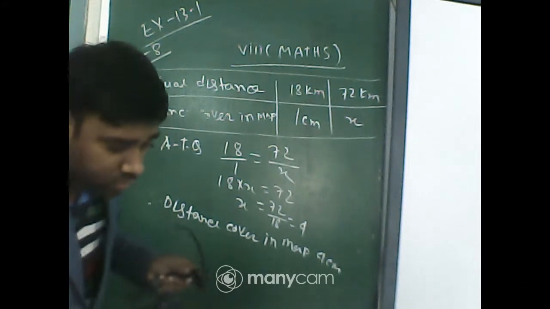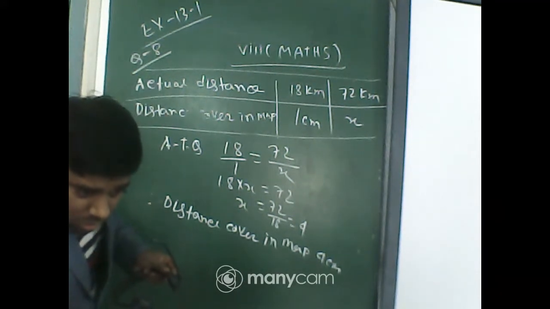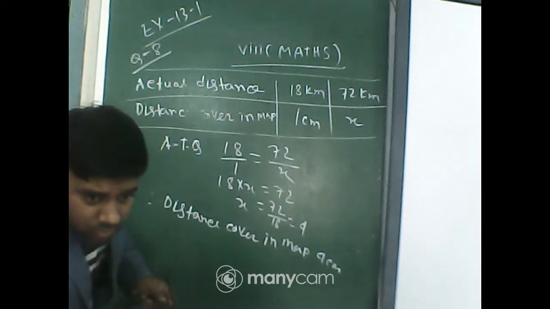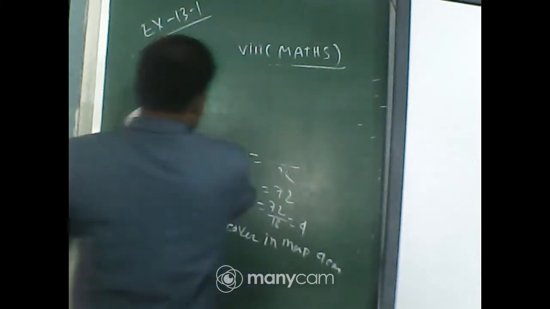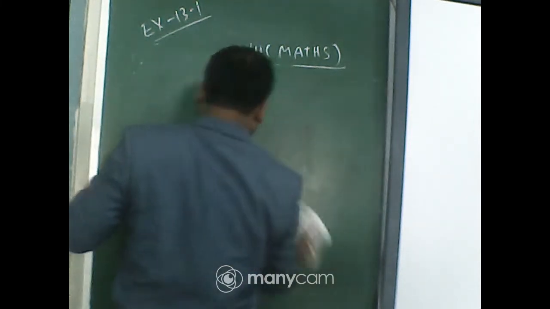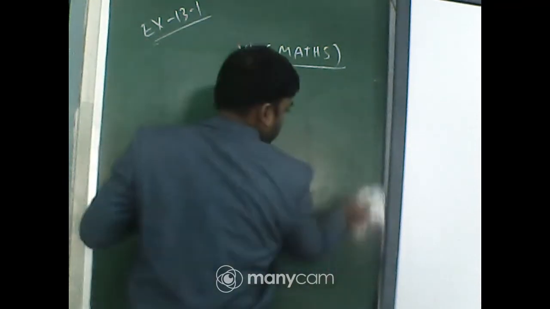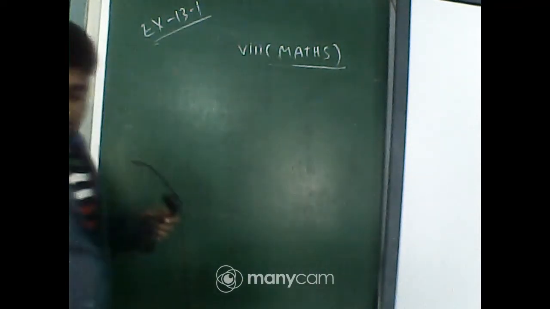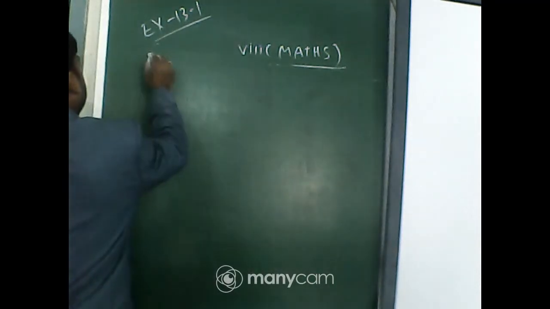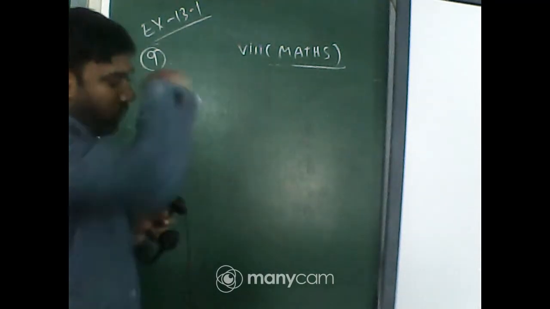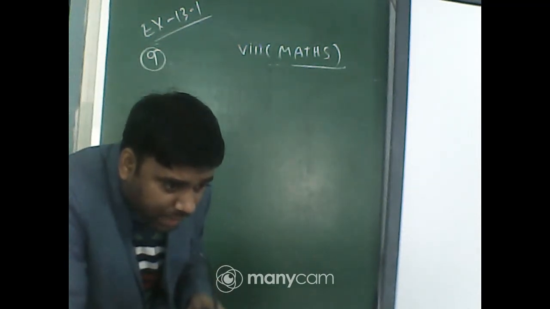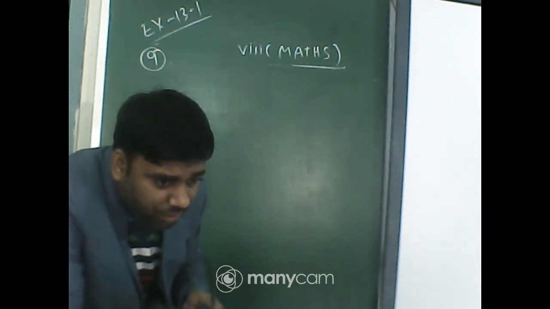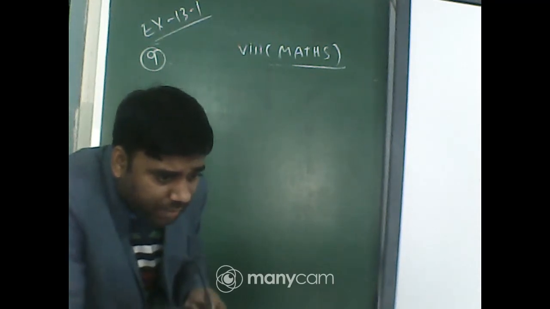Question number 9. A 5 meter 60 centimeter high vertical pole casts a shadow 3 meter 20 centimeter long. Find the length of the shadow cast by another pole 10 meter 50 centimeter high at the same time.